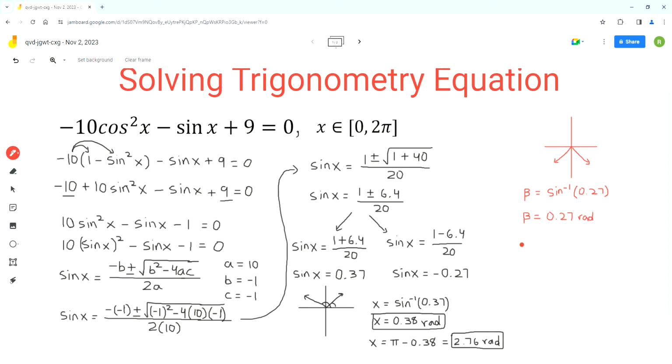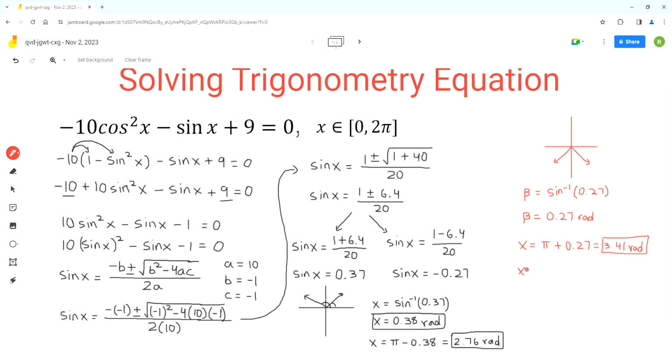And now we can find the x value in quadrant 3, which will be equal to pi plus 0.27, which is equal to 3.41 radians. So this is a solution in quadrant 3. So this is the third solution of the equation.